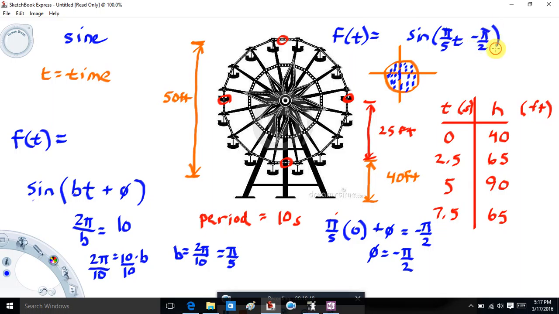Okay? So at time 0, we get sine of negative pi over 2, which is negative 1. If we multiply that by the radius, which is 25, we get negative 25.